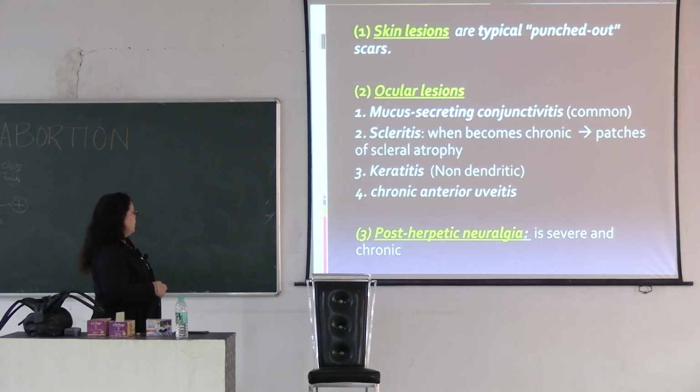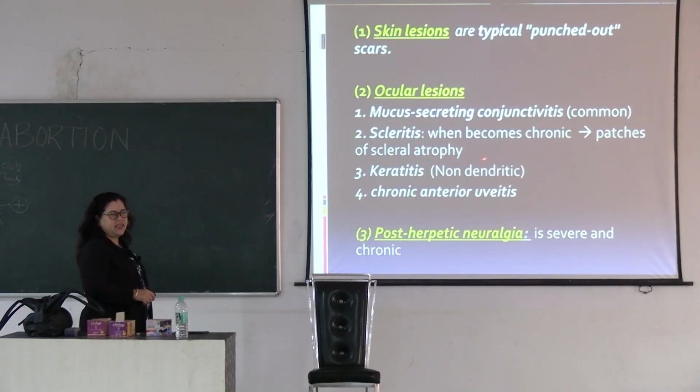In ocular involvement, if the conjunctiva is involved, that is called mucus secreting conjunctivitis. If the sclera is involved, that is scleritis, and in chronic cases, due to involvement of the sclera, there are patches of atrophy, called scleral atrophy, and there is thinning of the sclera.